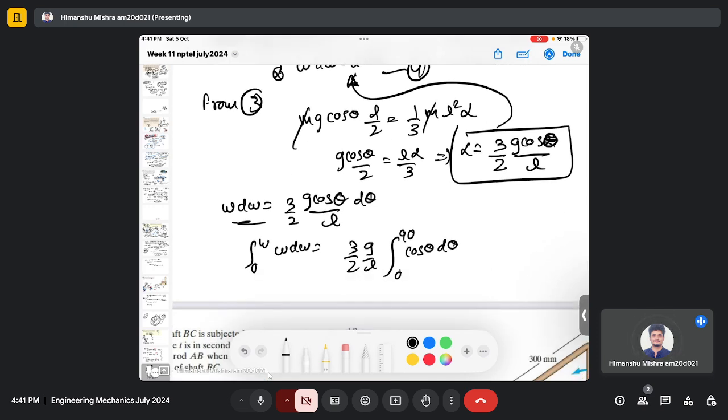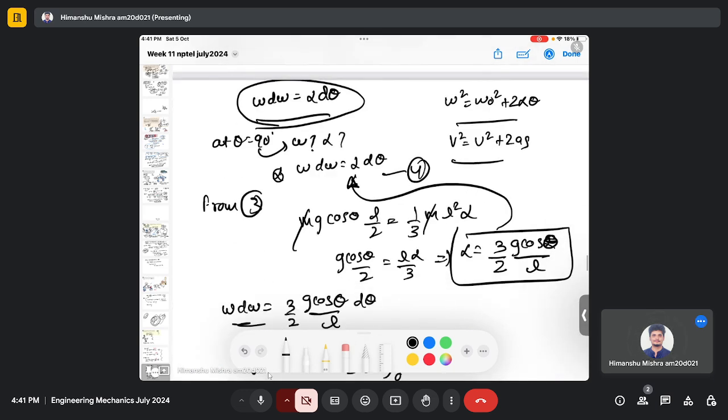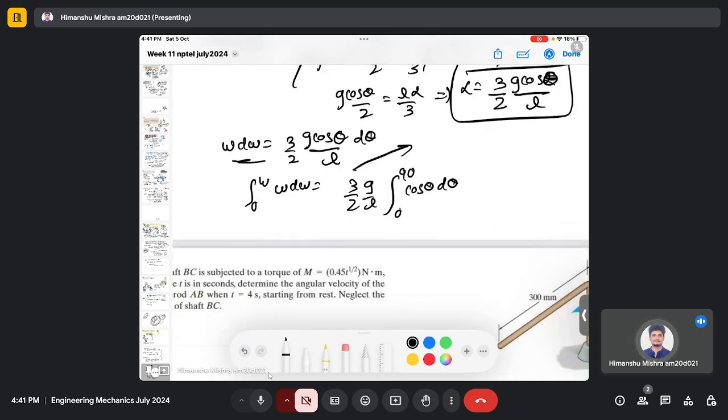So what you will get when you integrate this equation, writing here, it is omega square equals 1.5 g by L, and cos will become sine theta at limit 0 to 90.